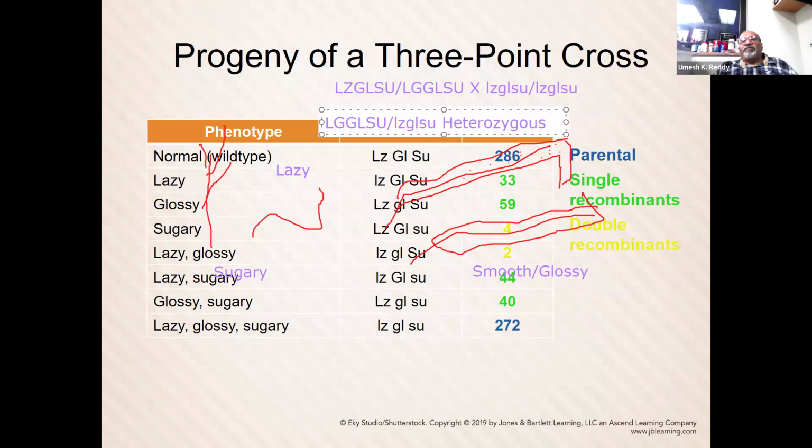So this heterozygous plant, we can cross with a totally recessive plant, which is like this. It is crossed with lazy, glassy, sugary, lazy, glassy, sugary.